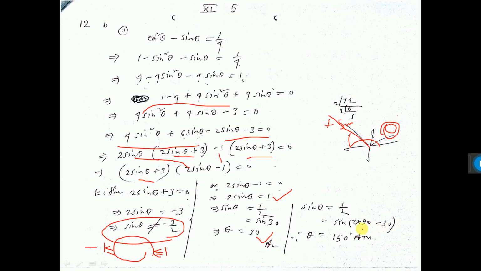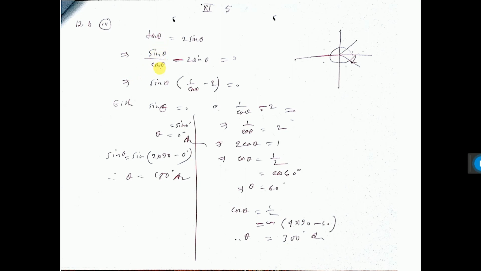That is 180 minus 30, that is 150. But you might say 1 into 90 plus theta also comes in the second quadrant. But one problem is there: if you write sin of 1 into 90 plus theta, an odd multiple gives you cos, but that side is sin. So you cannot do that. That is why you have to take an even multiple only here. I think it is clear for everyone.